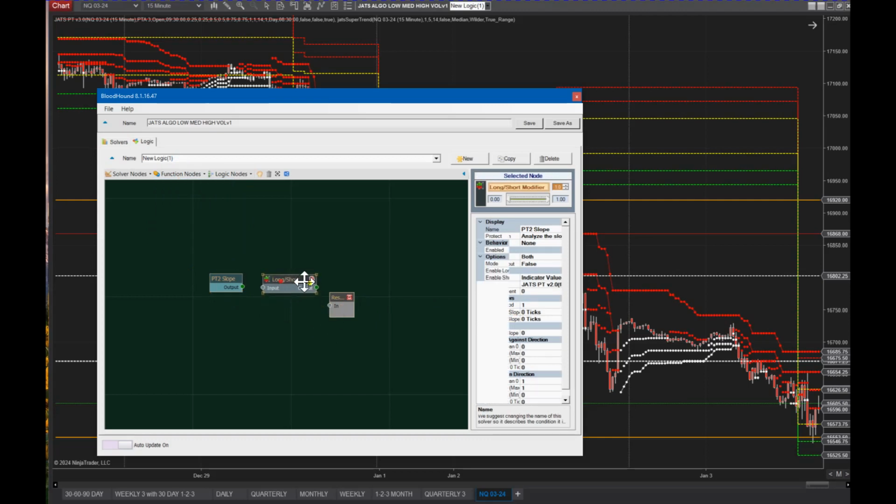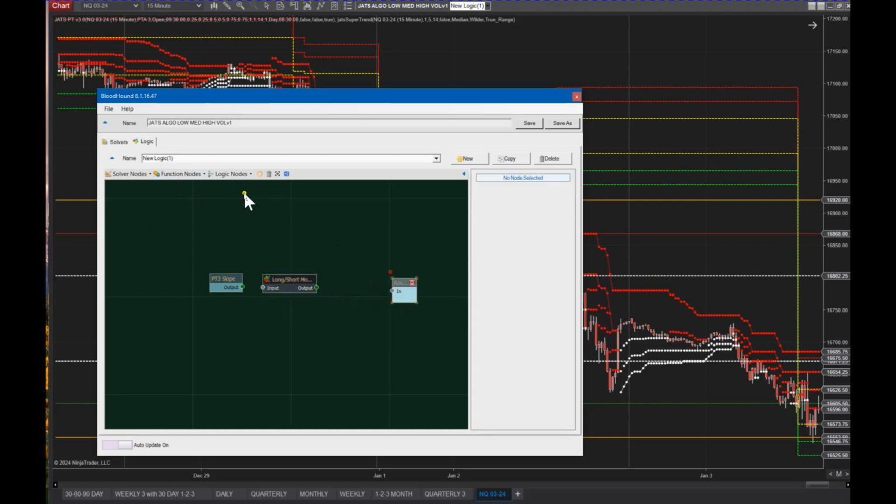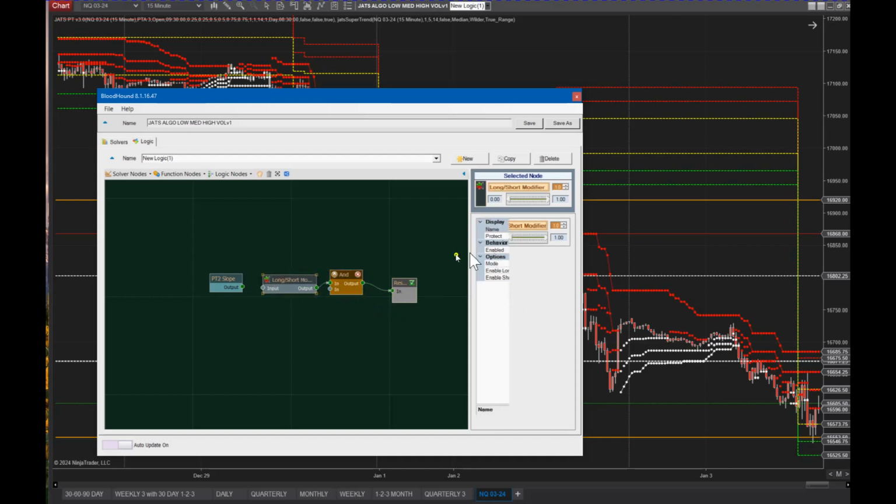And if you want to go long vol only, and you want to go short, you can set your long short modifier.